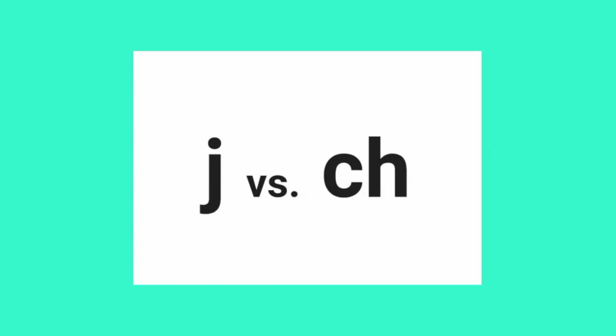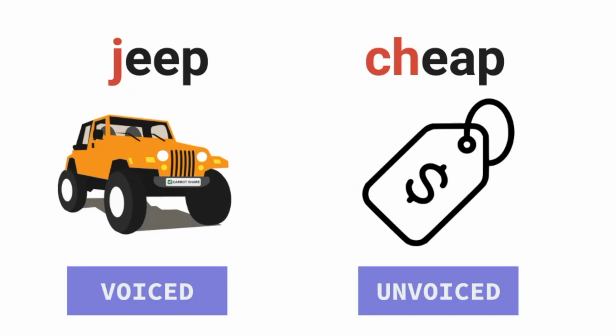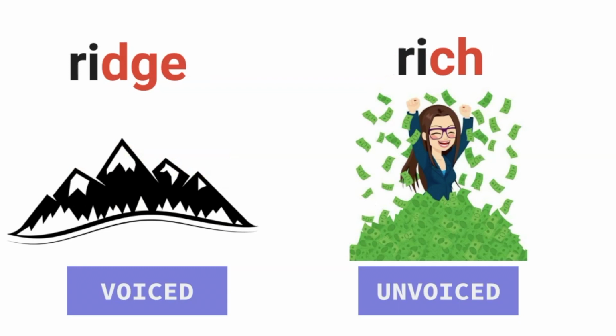Last ones, we'll look at j and ch. Jeep, cheap. Ridge, rich.